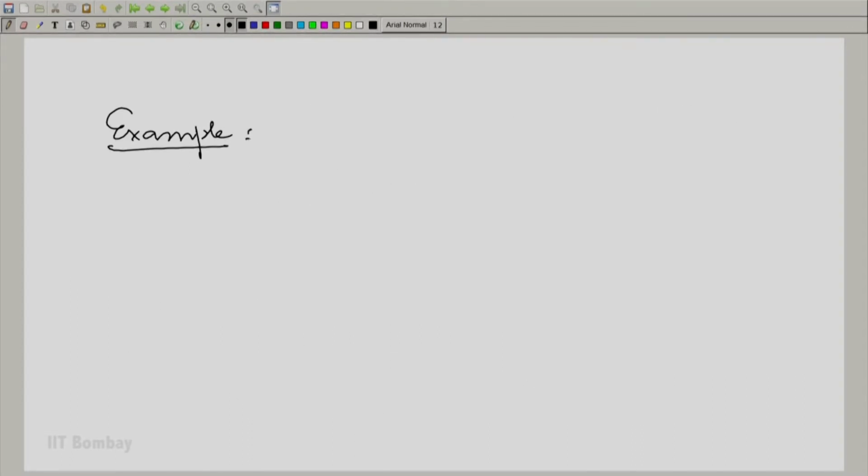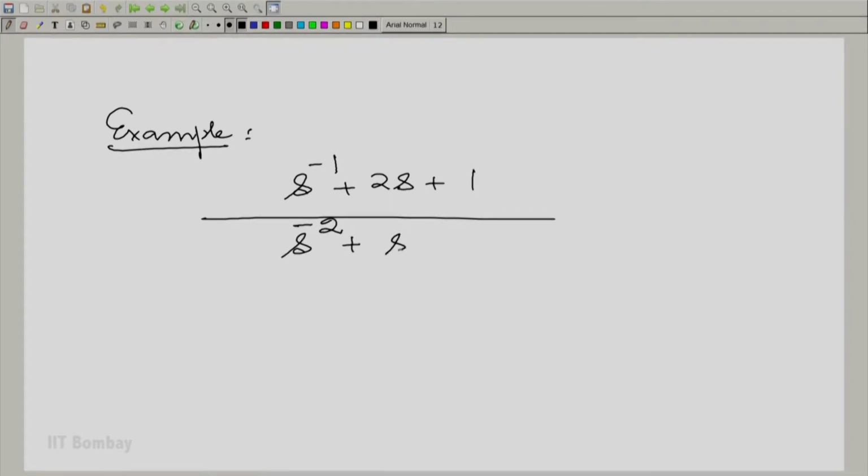Suppose we have something like s inverse plus 2s plus 1 divided by s to the power minus 2 plus s to the power minus 1 plus some constant, let us say 3 plus 2s.